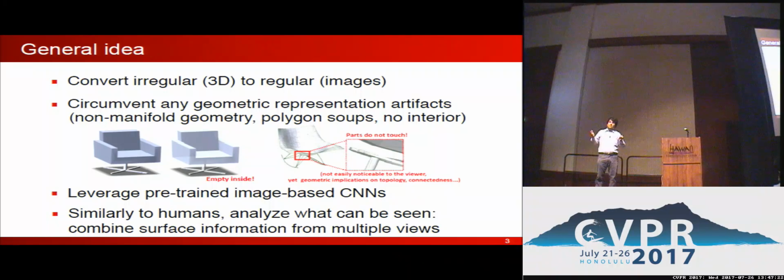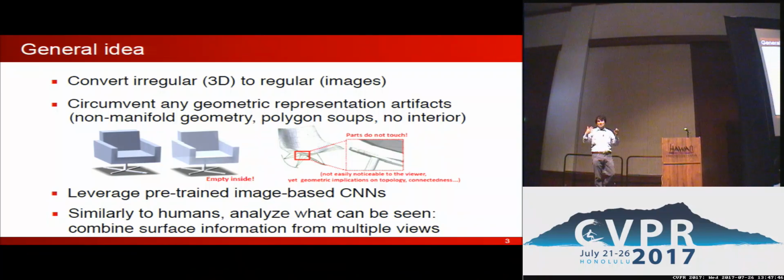Another big advantage of view-based representation is that you can leverage existing image-based networks. You can take your favorite network that was trained on massive image datasets like ImageNet, and you can apply it for 3D shape analysis. I'll show later that this actually works. And this means that you can take the best of both worlds of combining images and 3D shapes.